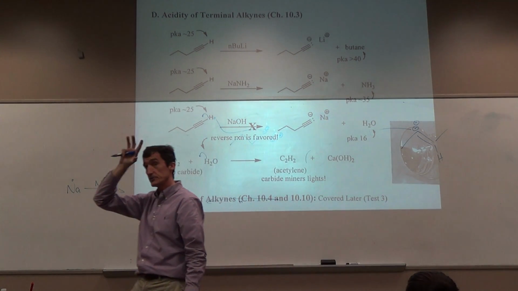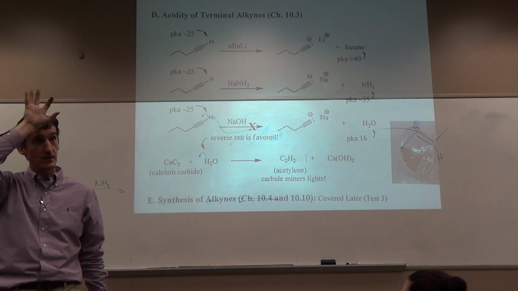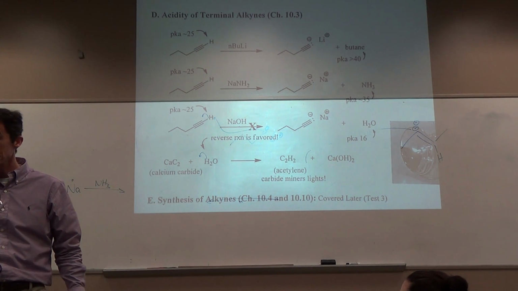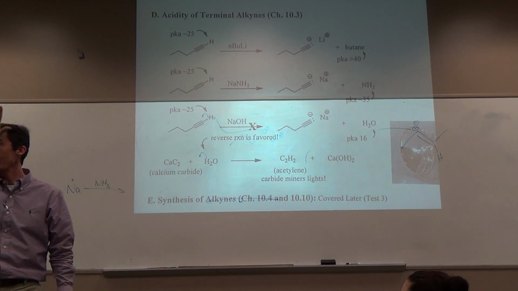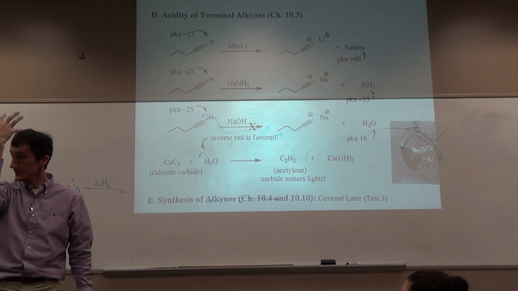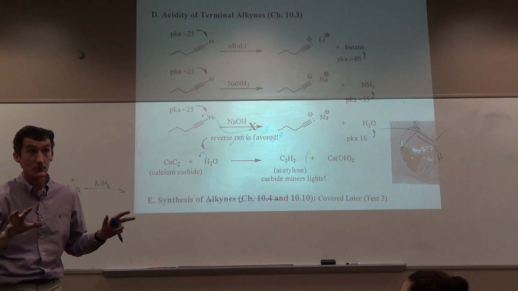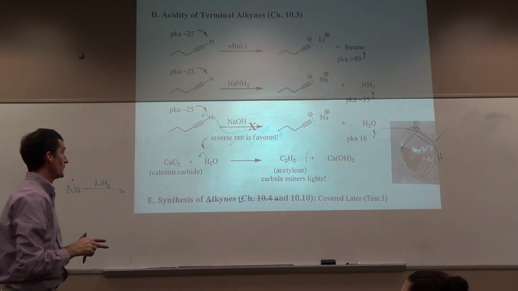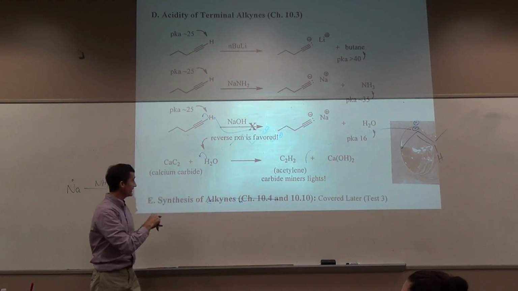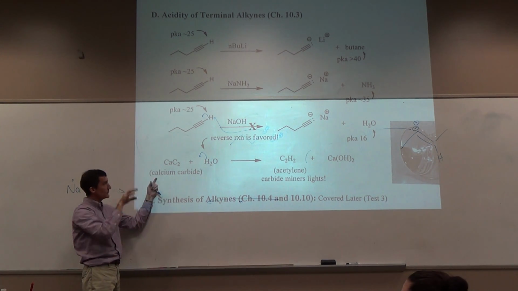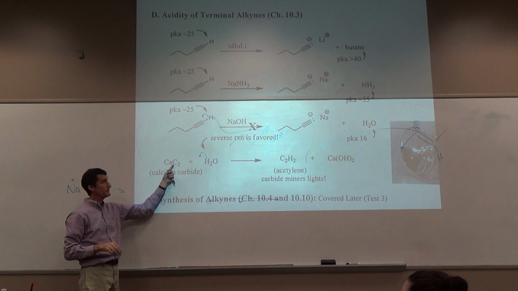That takes us to the very end, a nice little application of that reverse right there. Back in the 1800s, coal miners used to wear little helmets where they had a fire up here. It would be like a flashlight, back before batteries were common. And they'd have a little fire, and then they could see where they were going. What would they do? They would have a little helmet with a little apparatus up here with calcium carbide.